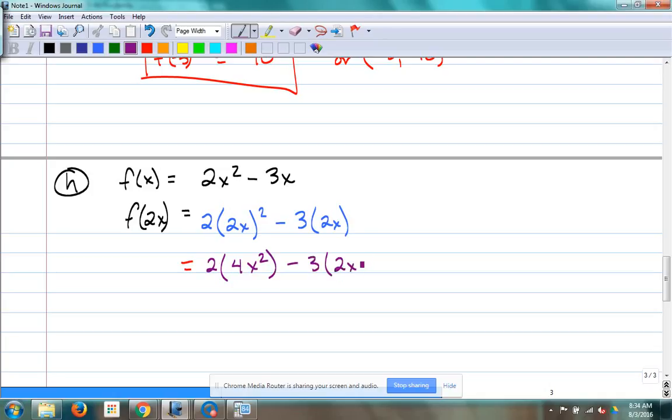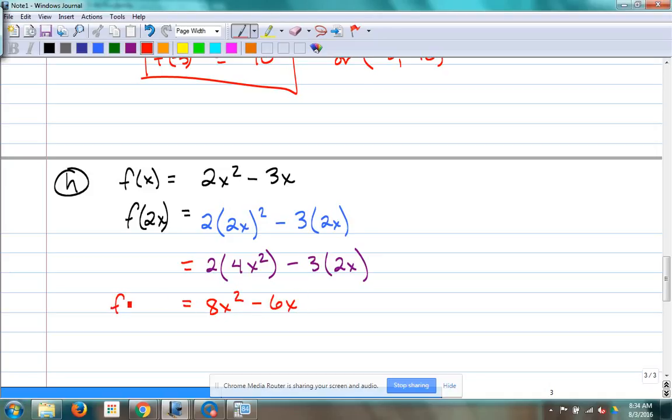So technically that's the order. I'm not done with anything else yet. I'm just doing that first step. I would think most of you could do more than one step at a time, and I absolutely encourage that. And then from there, we took care of the exponents. Now we just need to do our multiplication and division. So 2 times 4x squared would be 8x squared, and then we have minus 6x.